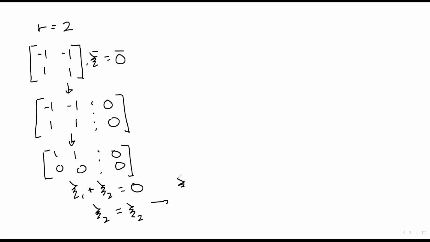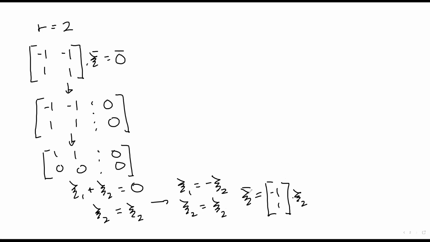So xi1 equals negative xi2, and finally xi equals [-1, 1] times xi2. That gives us our eigenvector. Combined with our eigenvalue, we get our first solution: x1 equals [-1, 1] times e to the 2t.